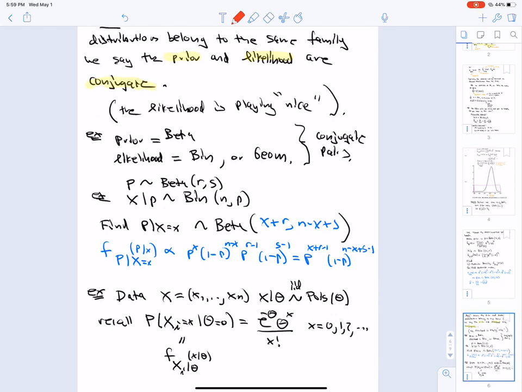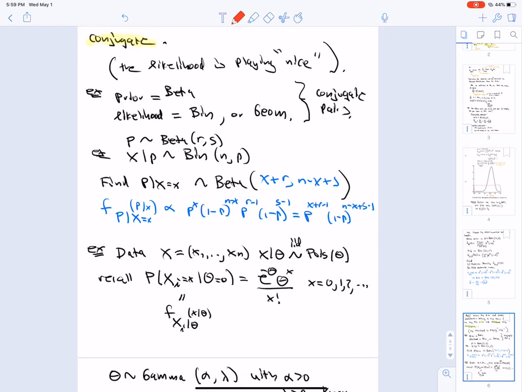So for example, if the prior is beta, then the likelihood could be binomial or geometric. So then we would have conjugate pairs. As another, more general example, if p is Beta(r, s) and X given p is Binomial(n, p), we showed that p given X is a Beta(r + x, n - x + s).